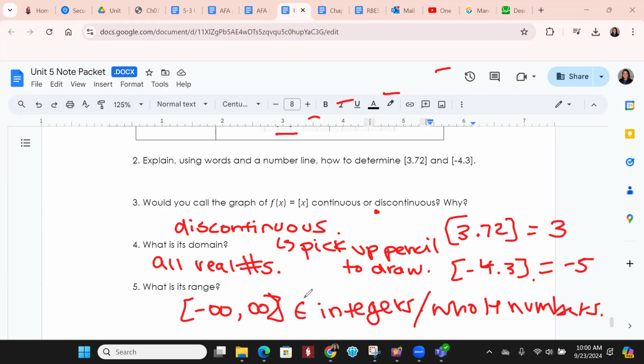This is in set notation, okay? Nothing crazy. So from negative infinity to positive infinity, where you're only looking at integers. So it's gonna be -1, -2, -3, 1, 2, 3, 4. You're not gonna have anything with a decimal.